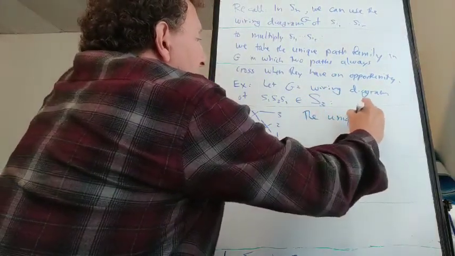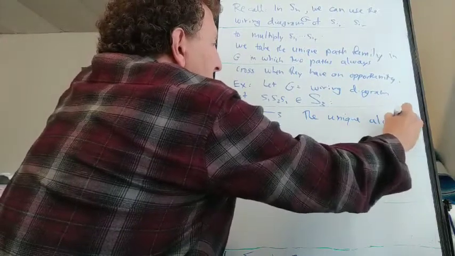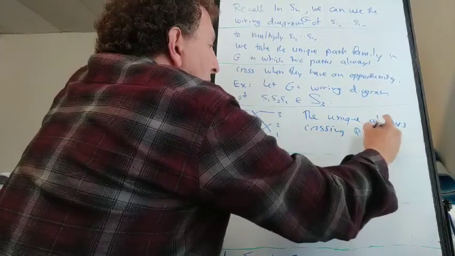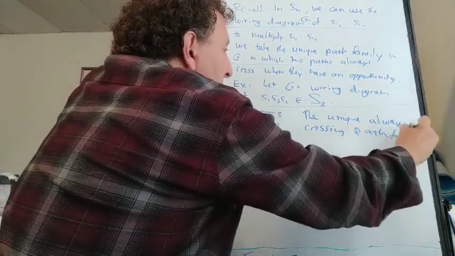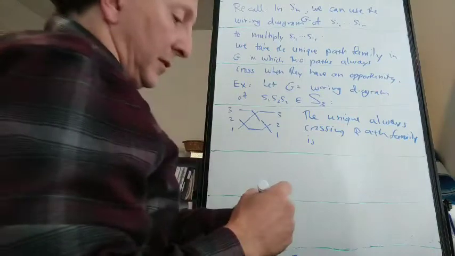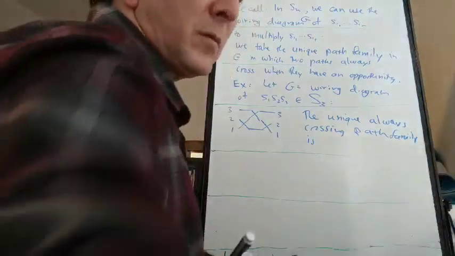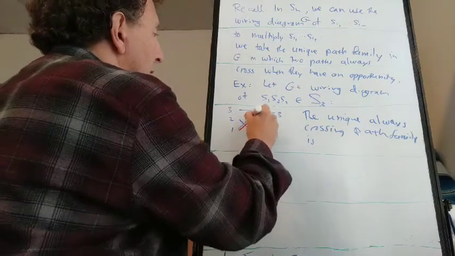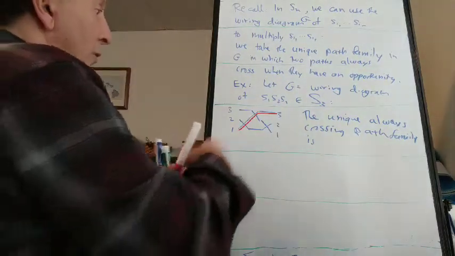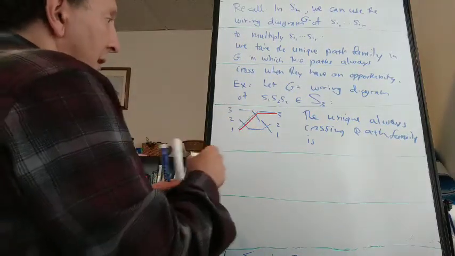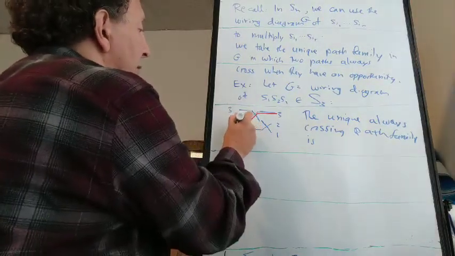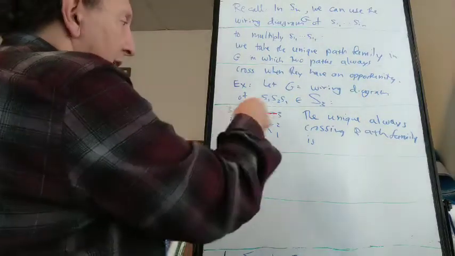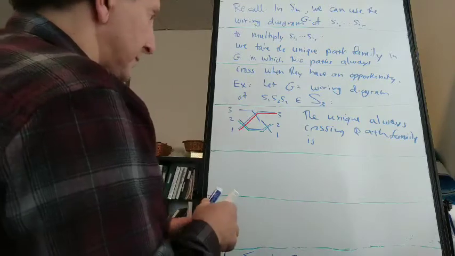So the unique always-crossing path family is: I have a path from 1 to 3 because we have cross, cross, and then a path from 2 to 2 because we have cross and cross, and the last path I'll leave in blue from 3 to 1.